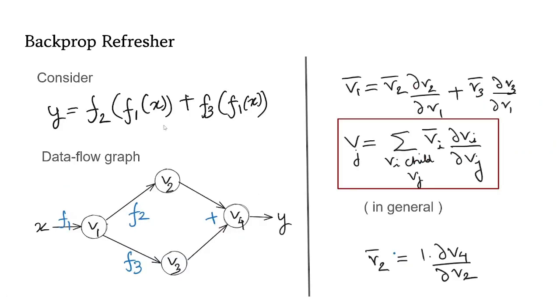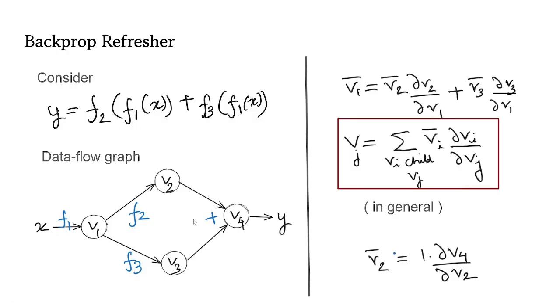Upstream gradient. For a more general case, when we have this nature of data flow, we apply f1 to x, resulting in v1. Then on the one hand, we apply f2 to v1, resulting in v2, and f3 to v1, resulting in v3, and add them up to get this expression.